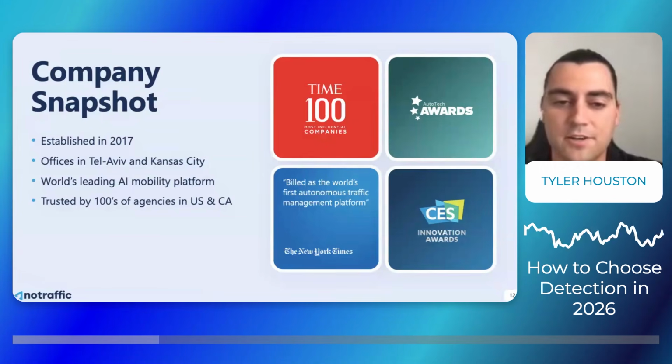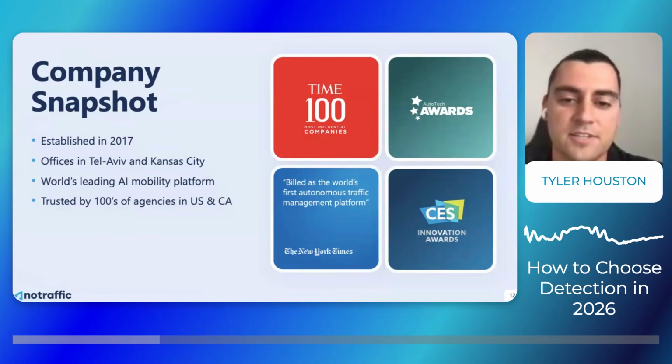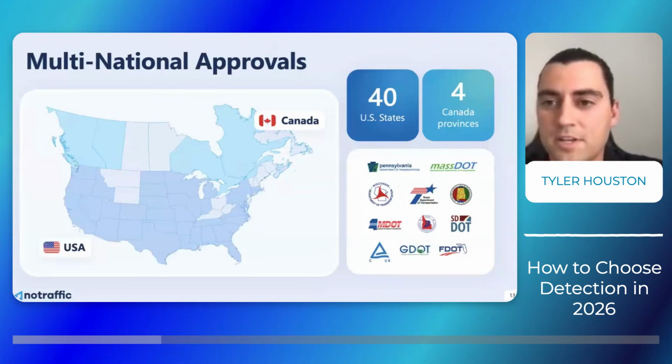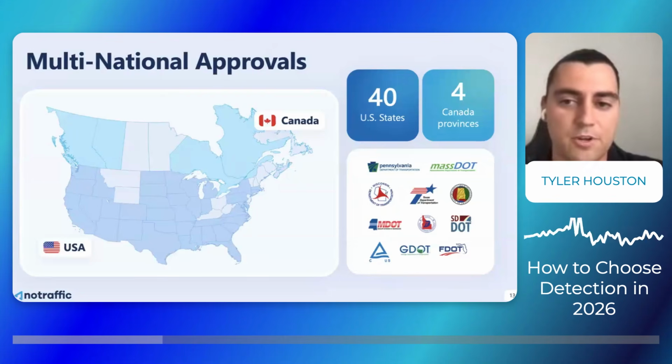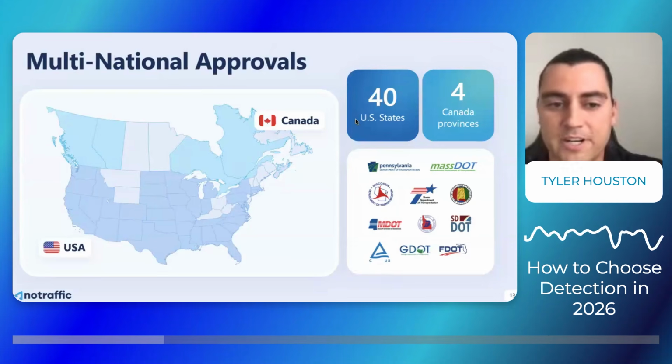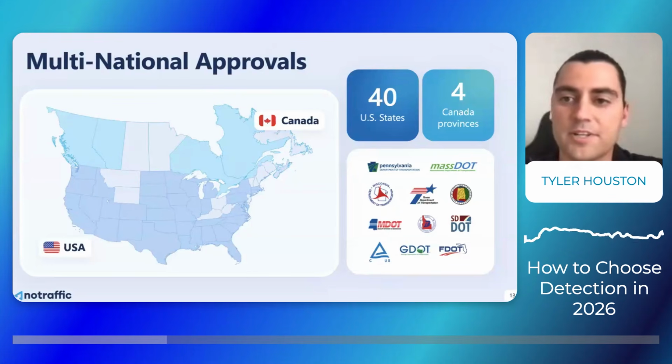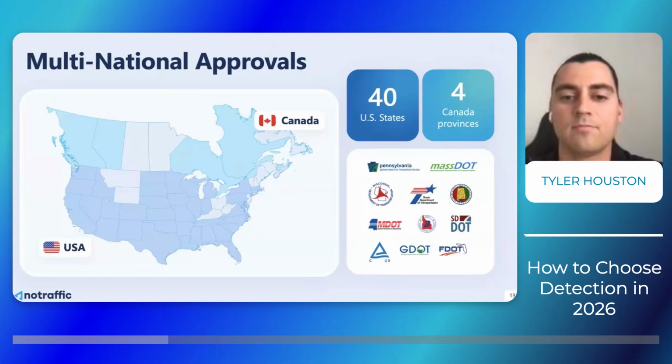And you can start to see this in the hundreds of agencies across the United States and Canada who are starting to use NoTraffic. So currently we're installed in over 40 states, and we're also installed in Canada. We have various approvals across North America, so we have TxDOT, FDOT, Caltrans, and then other various state approvals. And we are increasing our number of agencies that we're installed in every single week.